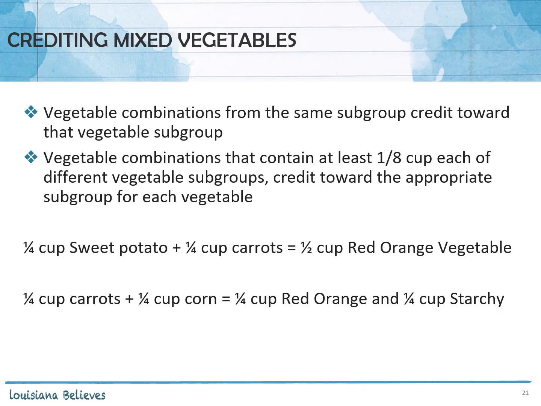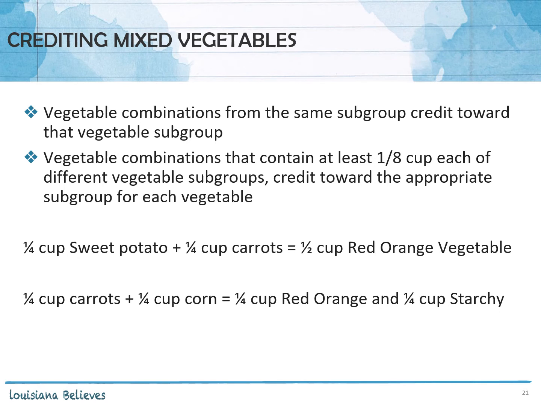The crediting of vegetable mixtures depends on the types and amount of vegetables provided. Vegetable combinations from the same subgroup count toward that single vegetable subgroup. For example, a mixture of carrots and sweet potatoes would credit as a red-orange vegetable subgroup, and a mixture of corn and green peas would credit as a starchy vegetable subgroup.